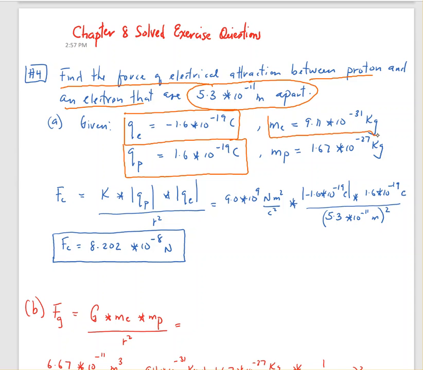Likewise, we know the mass of the electron and the mass of the proton. So we can find the Coulomb force, which is again your constant K times the product of the charge of the proton and the charge of the electron, divided by r squared. And we're going to get this as our answer.